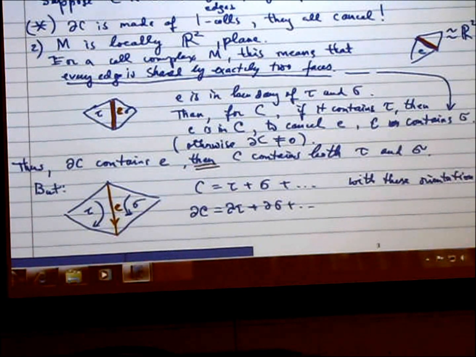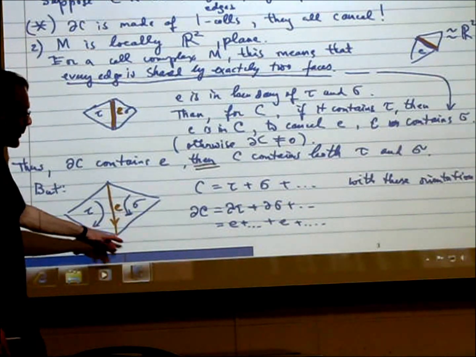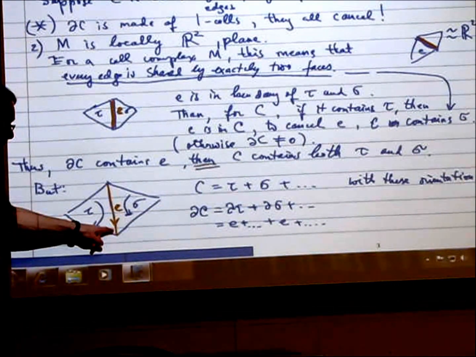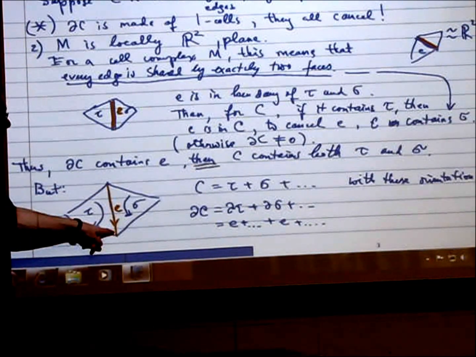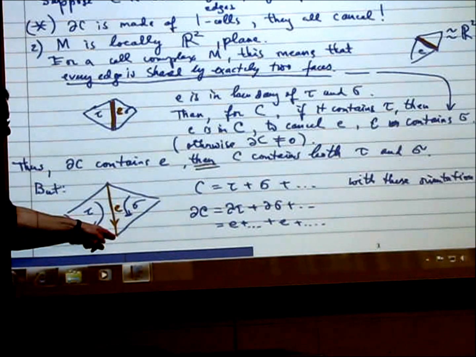And d tau contains E plus some other stuff, and sigma also contains E plus other stuff. Assuming that there are other edges here we don't care about, I just put a dot there. E with this orientation, this is tau, so E will appear exactly like that, going along.